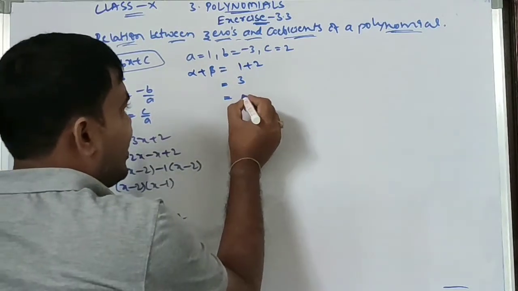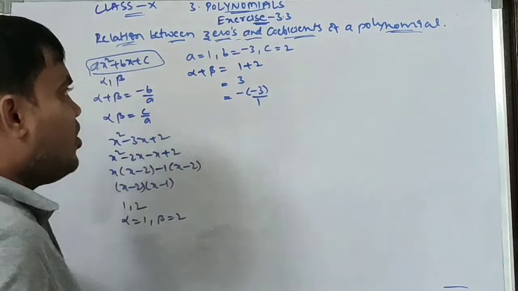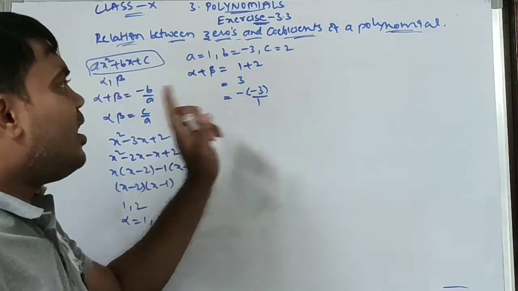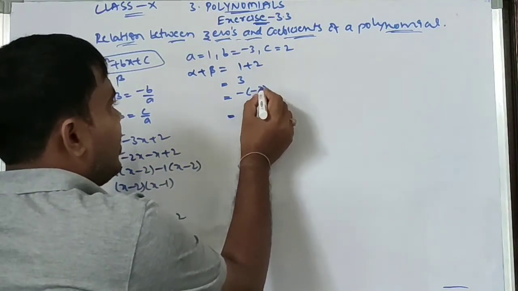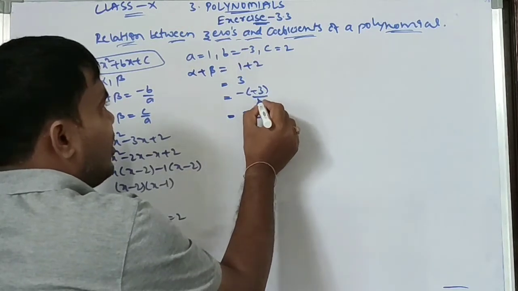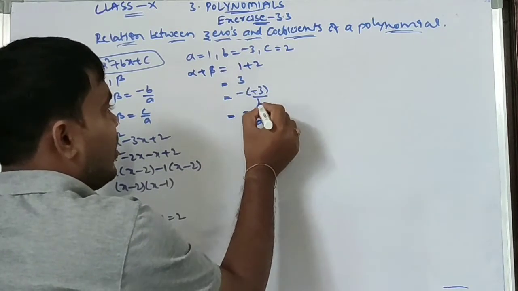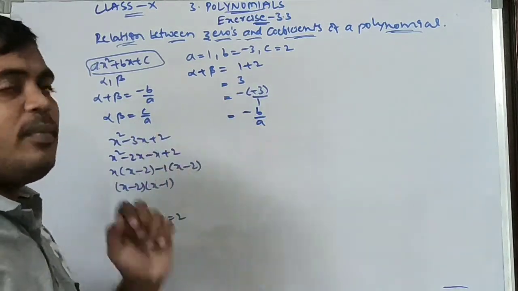This 3 I am writing as minus of minus 3 by 1. Minus, what is minus 3? Minus 3 is b, so minus b. And 1 is a. So minus b by a. Alpha plus beta equal to minus b by a.